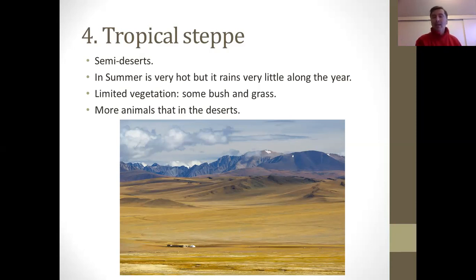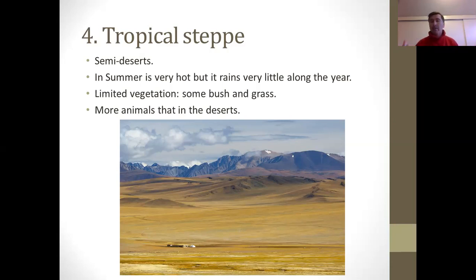If you look at the picture, that picture is from the steppe in Mongolia. You can't see a lot of vegetation, but it looks greener, kind of yellow. You can see that there is some vegetation, not a lot like in the jungle or in the African savanna, but there is some. The vegetation is basically grass, and you can't see it here, but you can also have some bushes, como arbustitos.